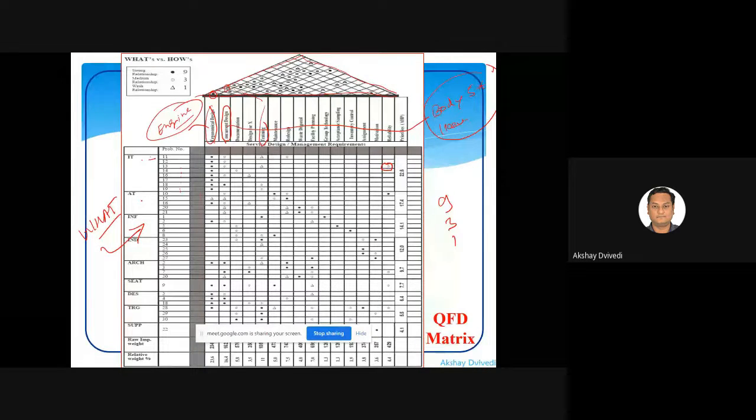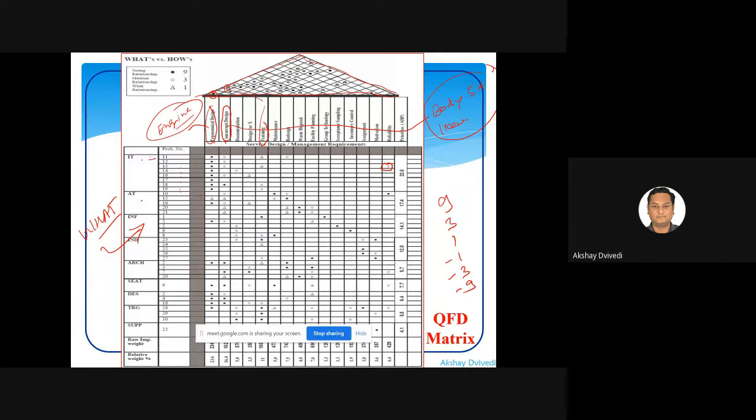I can even use values from positive 9 to negative 9. So it can be strong positive, medium positive, weak positive, weak negative, medium negative, or strong negative. So these particular responses in terms of certain numbers help in taking a proper decision.